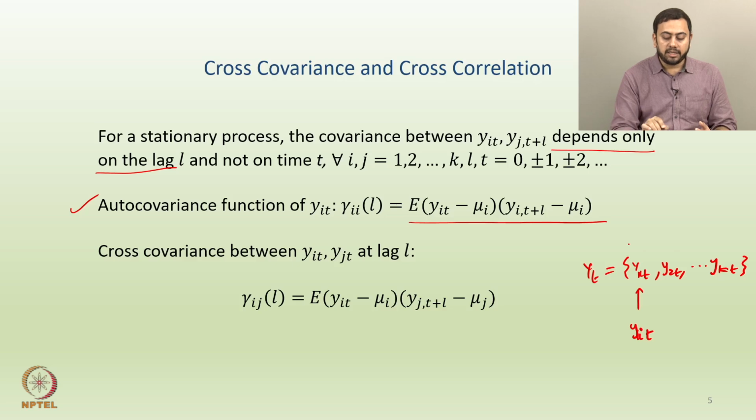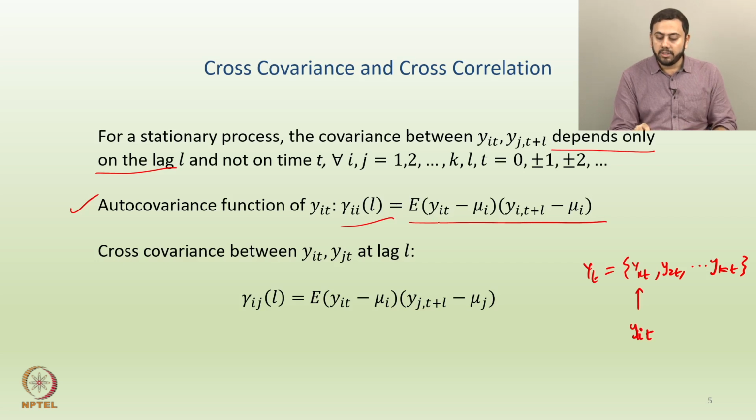For that we have this notation: gamma ii of L, which is nothing but expectation of yit minus its mean. Its mean should be mu i, because we are talking about yit, and then yi,t plus L minus its mean. Again its mean is mu i because both the indices are the same, since the focus is only on yit.